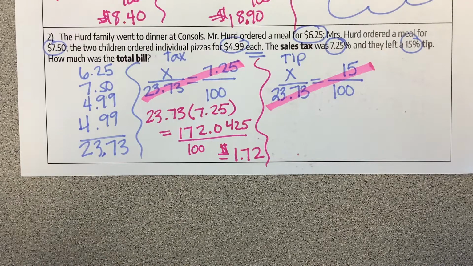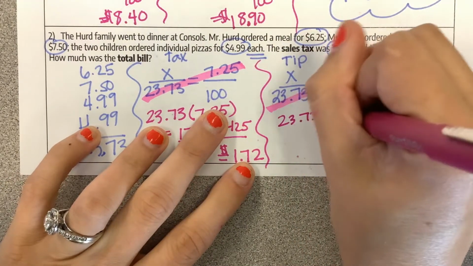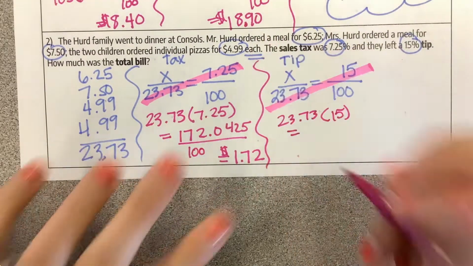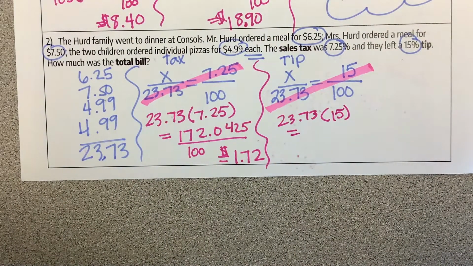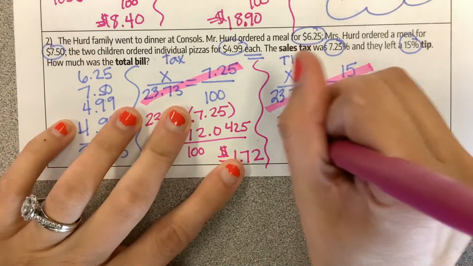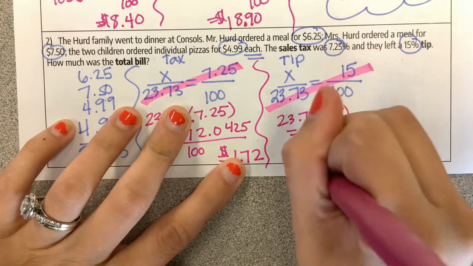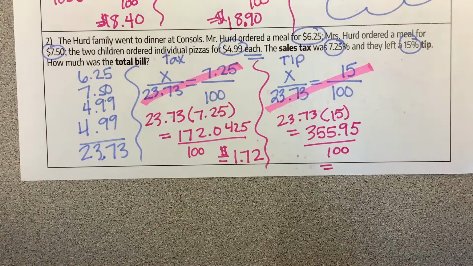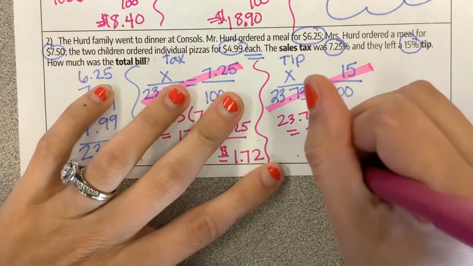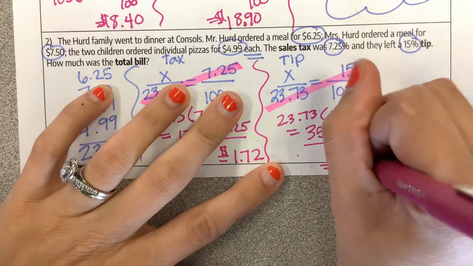I'm going to multiply those diagonals, so $23.73 times 15, which equals $355.95. And dividing that by 100 and you get, when I round, 3.56.